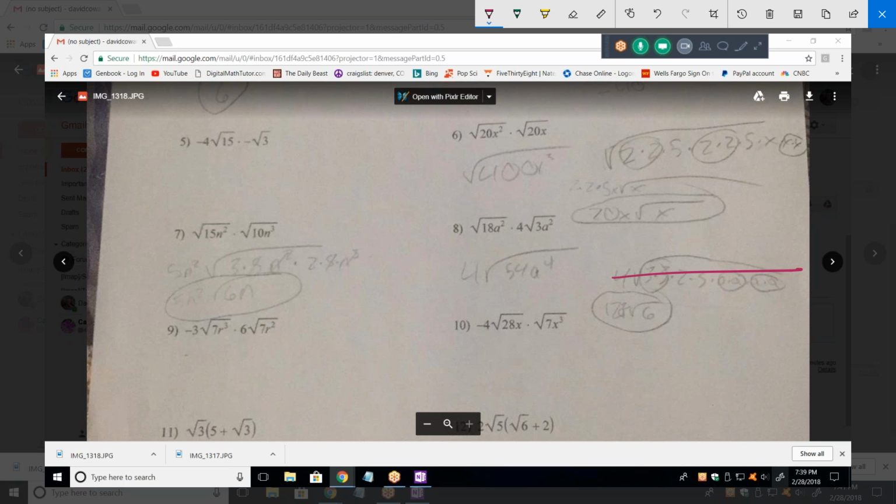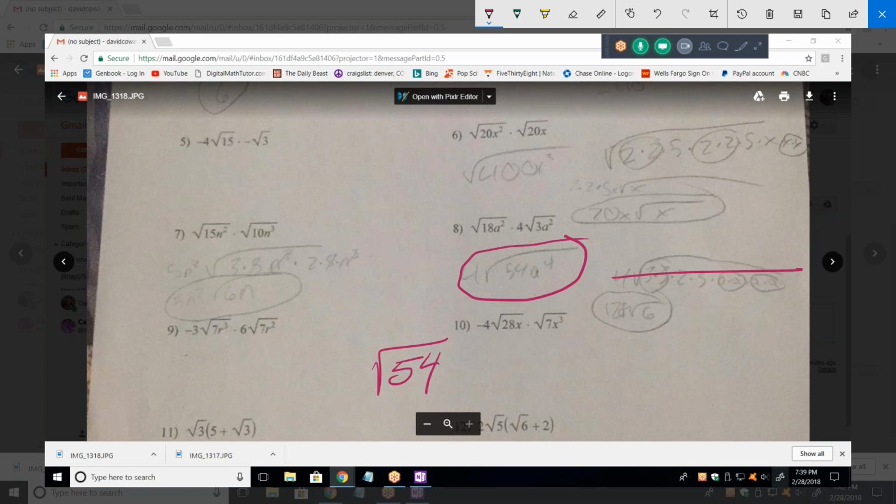We get this. Now the 54. That's the only thing. Everything else is easy. Square root of 54. Start thinking of factors. Are any of them perfect square numbers? 9 and 6.